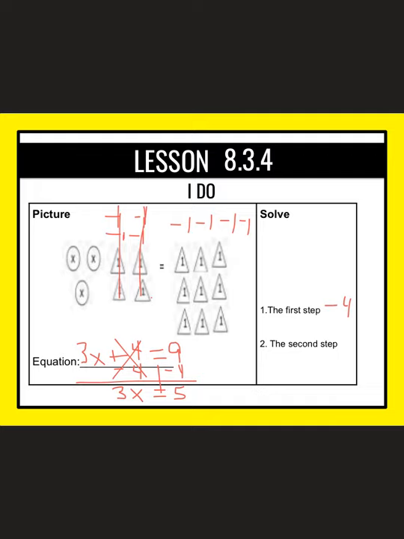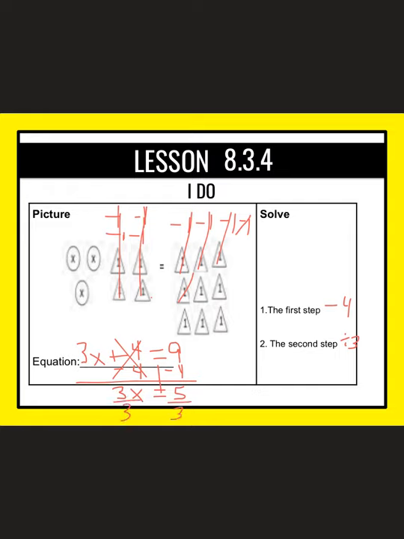So once again, if you think about this other side, you could have eliminated 4 0 pairs and been left with 5. Final step is, since multiplication is occurring, my job is going to be to divide by 3 on both sides. And when I do that, I'm going to get 5 divided by 3.